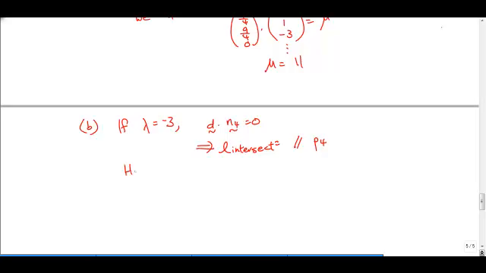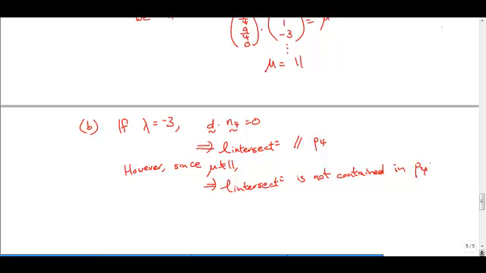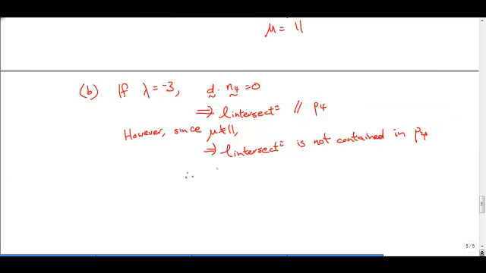However, since μ is no longer equal to 11, this means that the line of intersection is not contained in P4. So therefore we get a case where the three planes do not intersect, and since all three of them are not parallel to each other, we have a triangular prism.